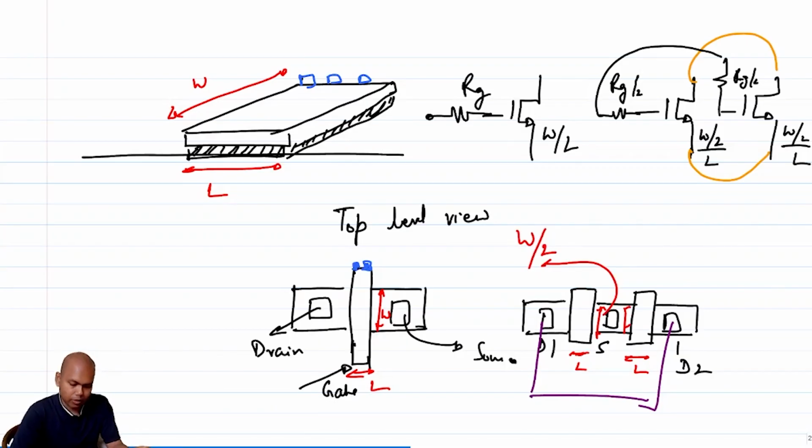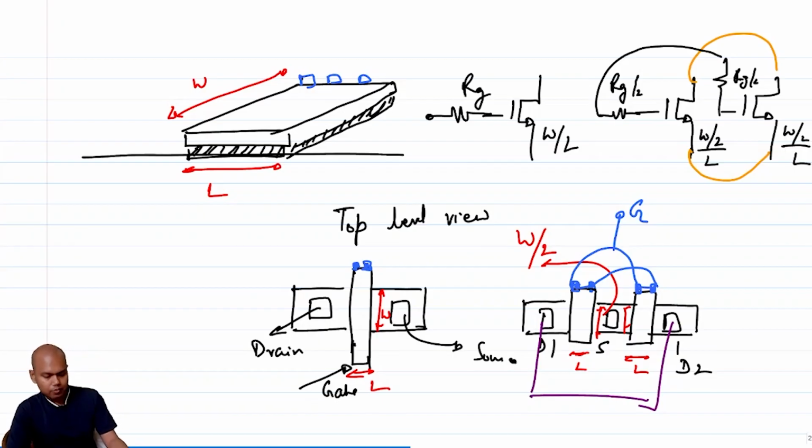These are W by 2, right? So since these are W by 2, you essentially end up having smaller resistances, right? So these will obviously also be physically connected. Okay, so this becomes your gate. Fine. So that is one way of reducing the gate resistance.